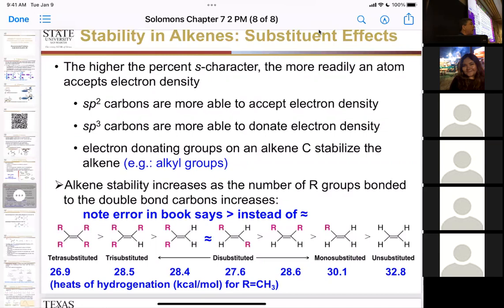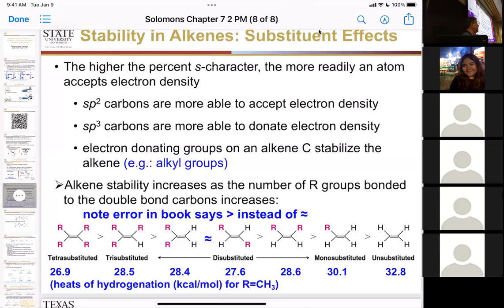Now, the sp3 hybridized carbons, the ones around it that are tetrahedral, are only 25% S character. So they are willing to have more P character, and they can donate electron density. Less S character lets them donate that.